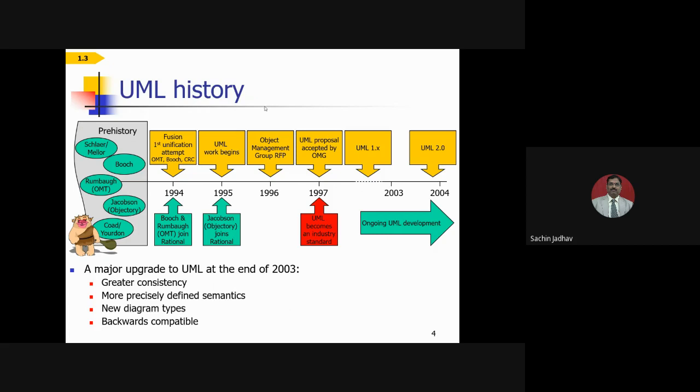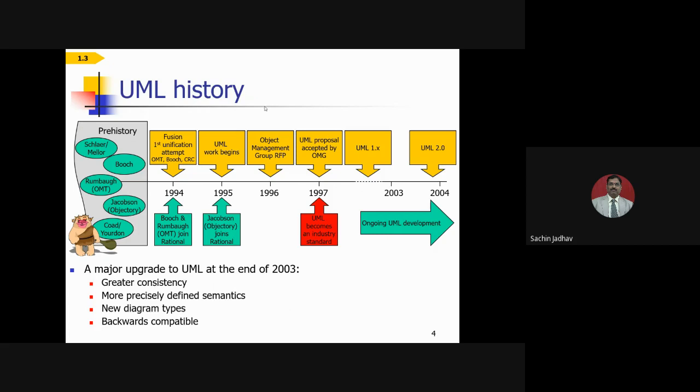For example, Grady Booch utilized a cloud as a symbol for specifying a class, and James Rumbaugh used a rectangle as a symbol to specify the class. These are different notations for the same basic object-oriented concepts used for modeling the software development process.